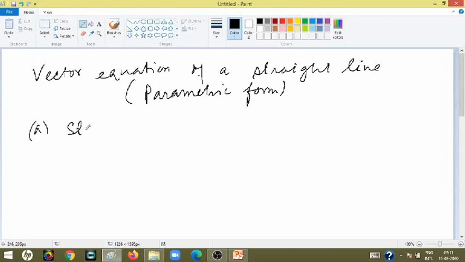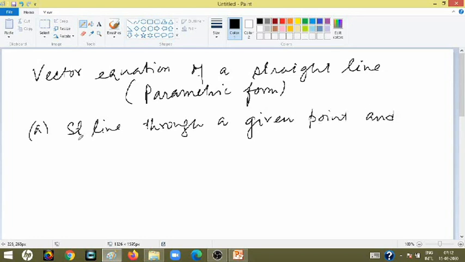We will write the equation of the straight line through a given point and parallel to a given vector.